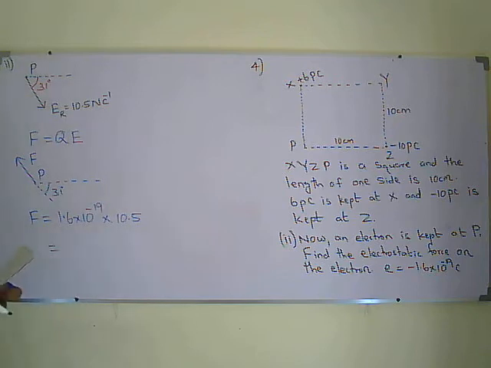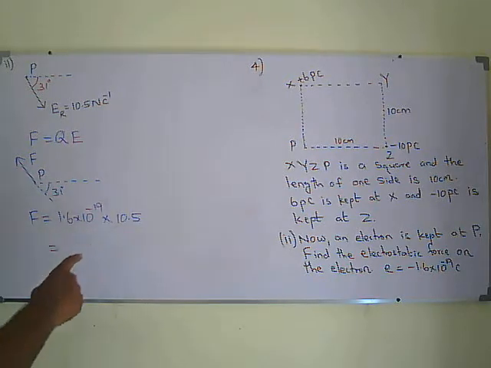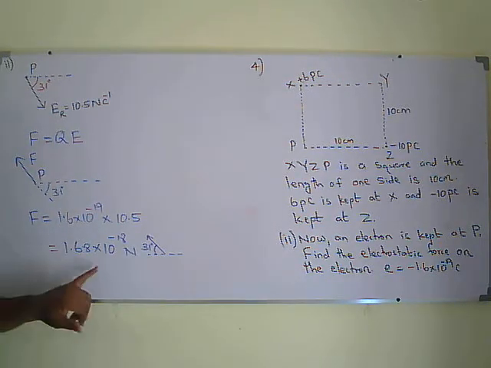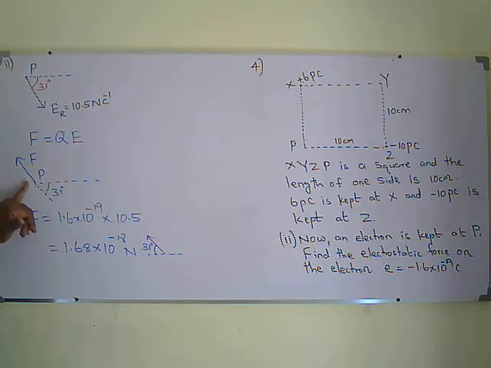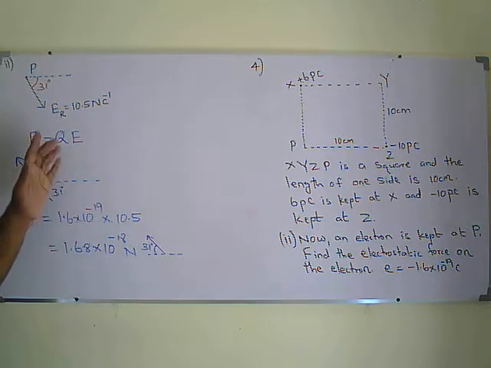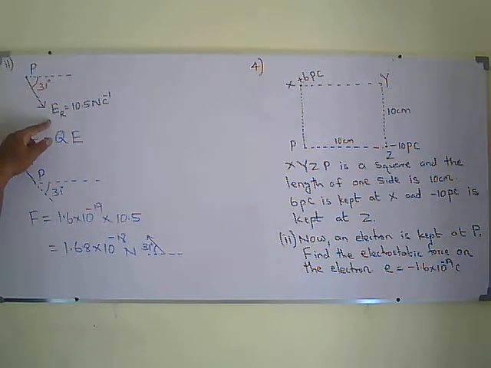Solve it, and you will get the final answer: the resultant force on the electron will be 1.68 into 10 to the power minus 18 Newton, and the direction will be opposite to the direction of the electric field strength at point P, along this way.